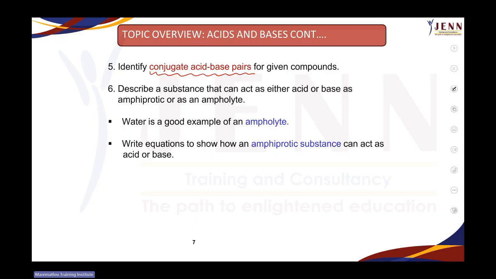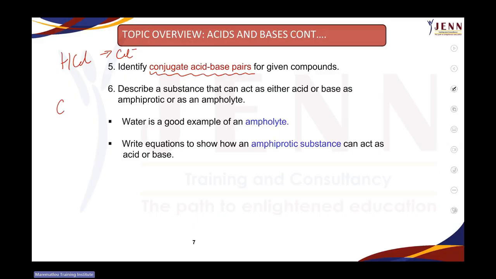Now, a conjugate acid will have a proton more, and a conjugate base will have a proton less. So if I have HCl, its conjugate will have a proton less. That will be Cl minus. I have to remove 1 proton.